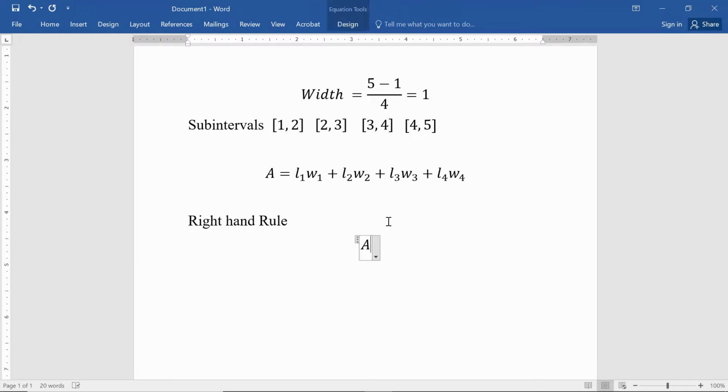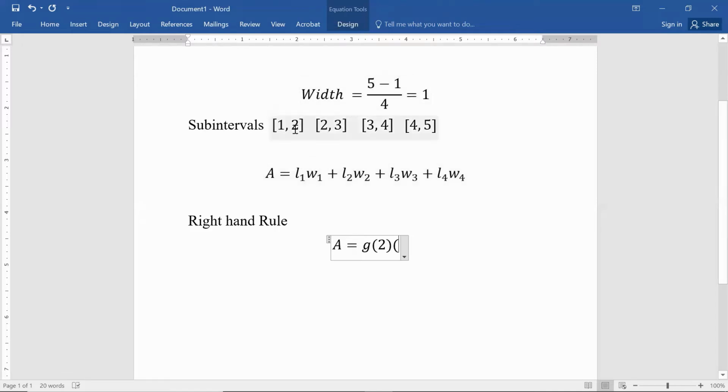The right-hand rule says the length of each of these rectangles is determined by the right-hand value of each subinterval. In the first rectangle, we use the first subinterval. So g of 2 is going to determine the height of that rectangle.